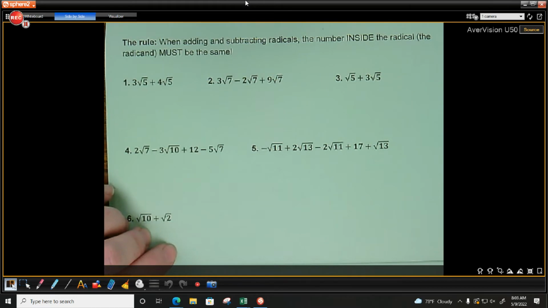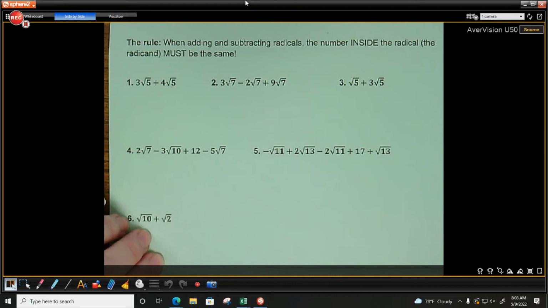Okay, so our rule when we are adding and subtracting is the number inside the radical must be the same. This is just like having like terms. Whenever you're adding and subtracting x's, you only could combine them if they both had an x or both had an x squared, right? Same thing with our radicals.